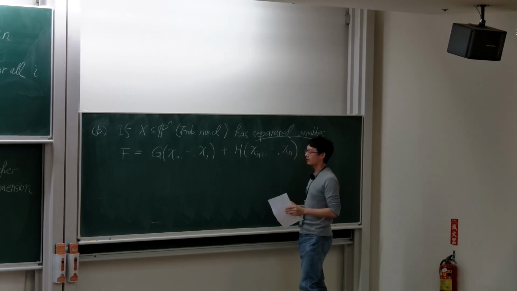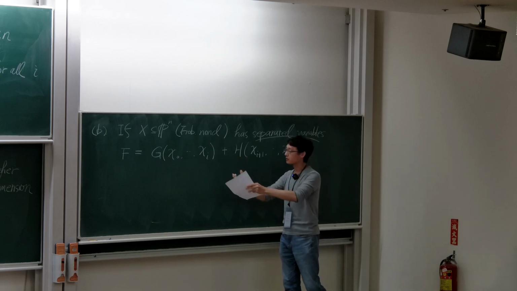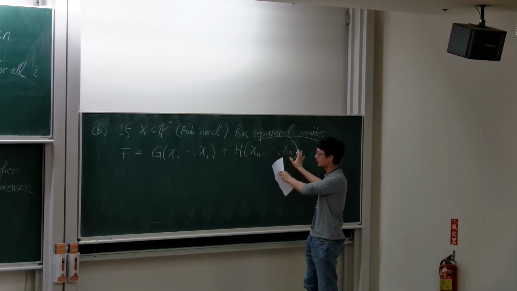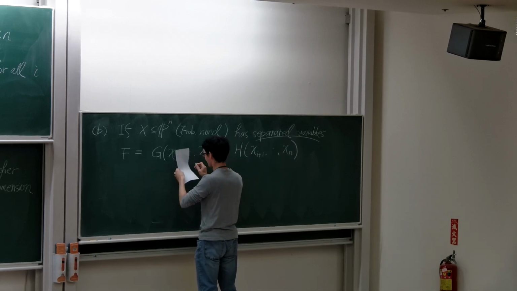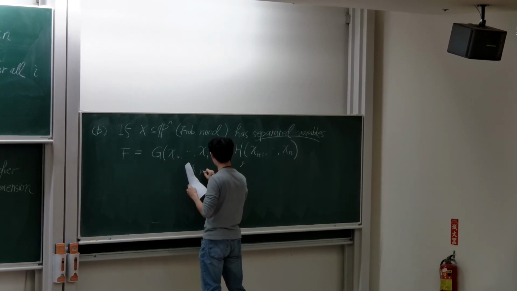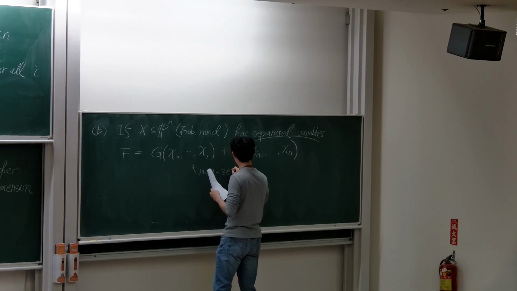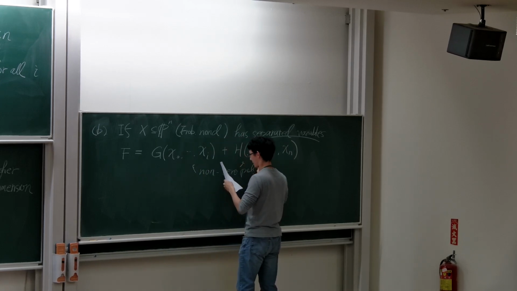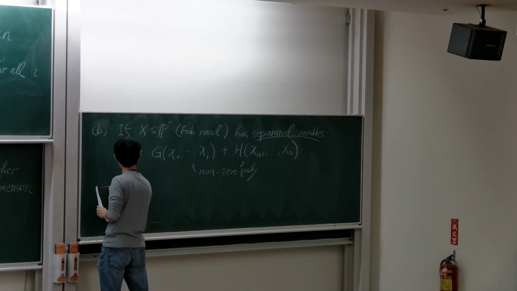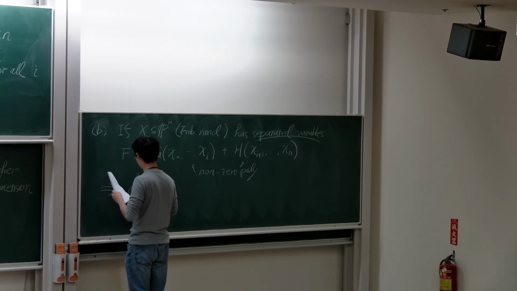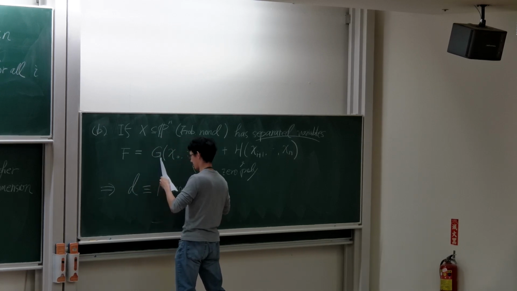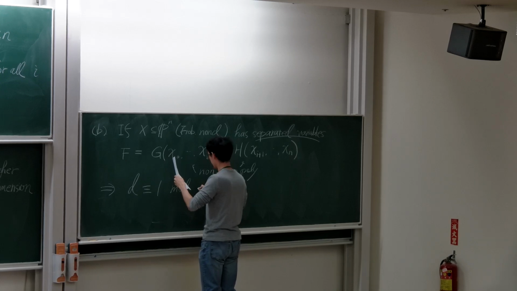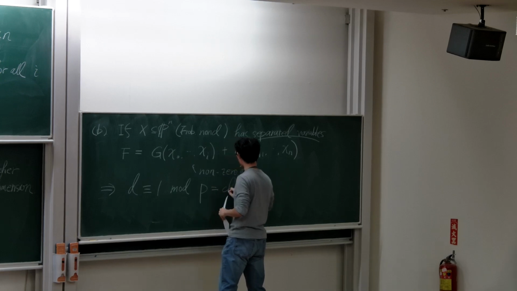Part of the variables belongs to the first polynomial, and the other belongs to the second one, and these are of course non-zero. In this case, we can prove that the degree is 1 mod p, where p is the characteristic.